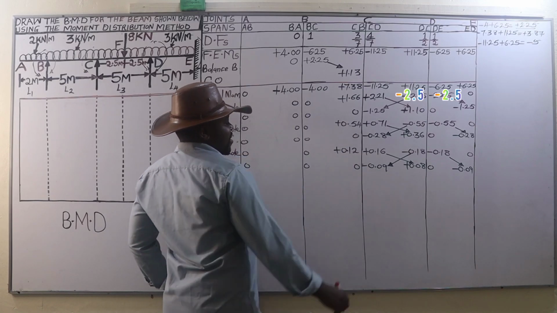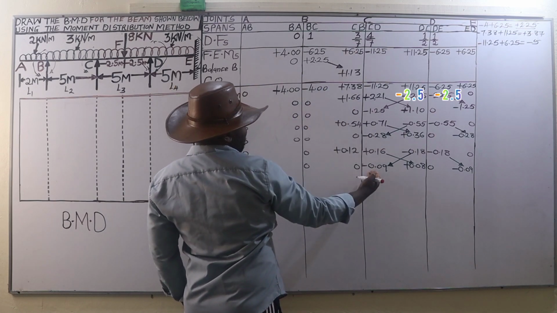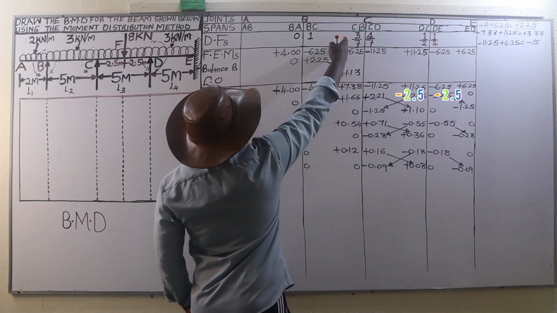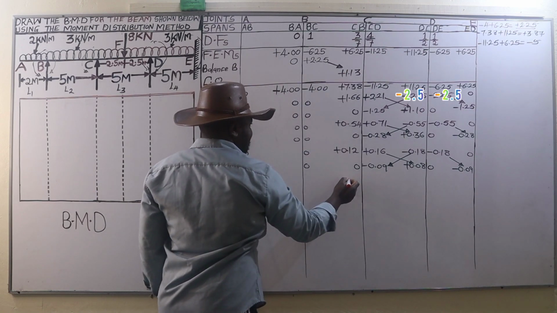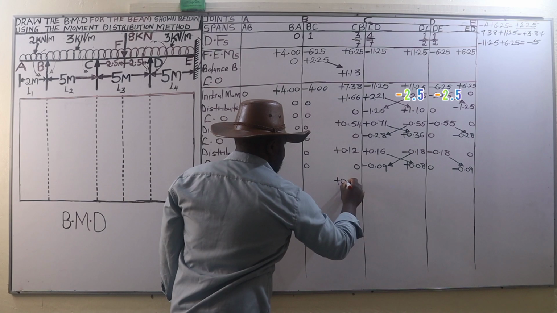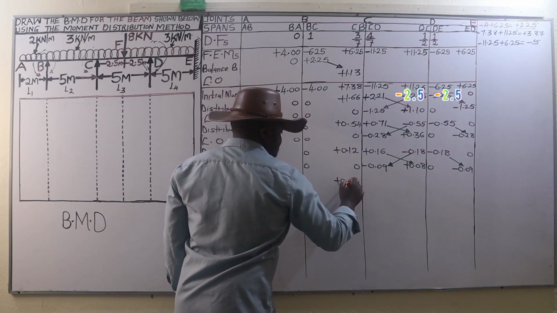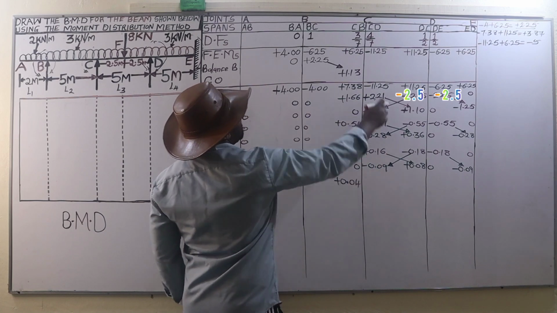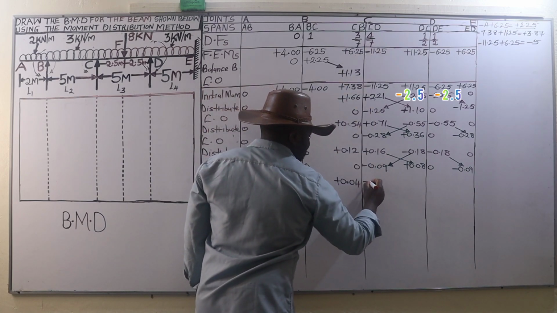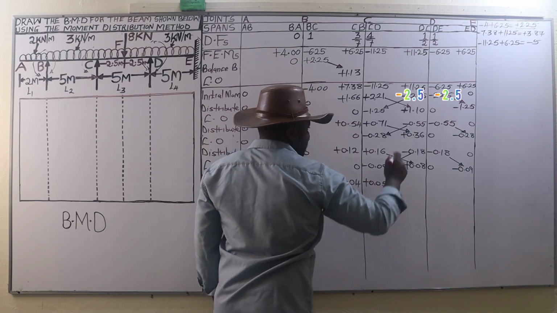Change sign. So distribute. Multiply 0.09 by 3 over 7, and that is going to give us a positive 0.04. Then positive 0.09 multiplied by 4 over 7, that's going to be positive 0.05.